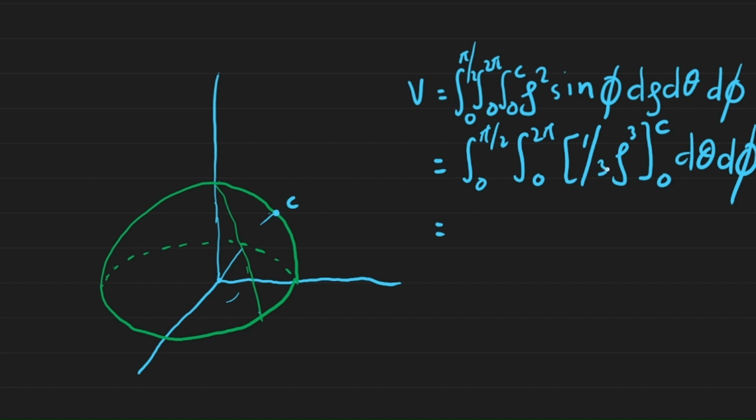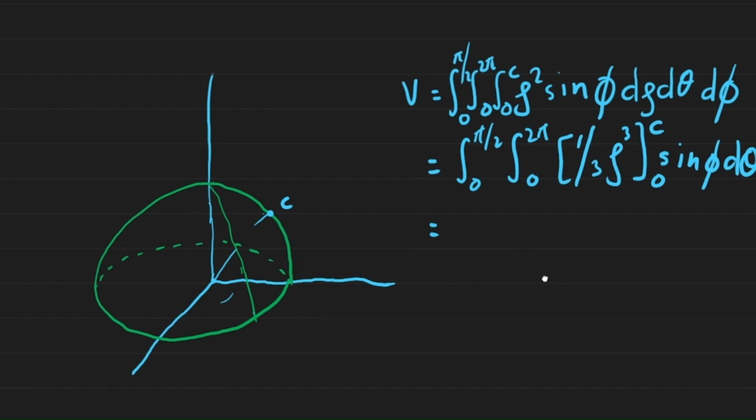All we do is we just substitute in c. Sorry, I missed out a sine phi here. So let me just write that. Sine phi d theta d phi.